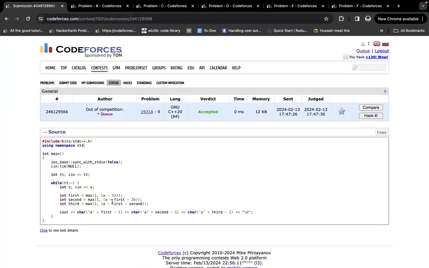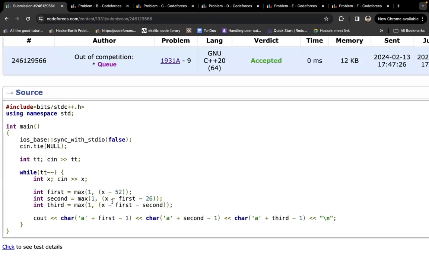I have written a very mathematical kind of code. Let's just ignore it. There are a lot of implementations. So basically, you could run a for loop as well. But when you're trying to fix the first character, then the maximum sum that you can make using the other two characters is 52. So x maximum of x minus 52 comma 1, right?